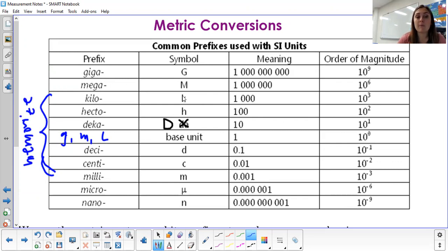So if you can remember the symbols, kilometer is K, hecto is H, deca is capital D, deci is D, base unit doesn't have a prefix, right? Then there's a mnemonic device. King Henry died by drinking chocolate milk. Or, my coworker taught me this one last year, kiss her daily because divorce costs money.